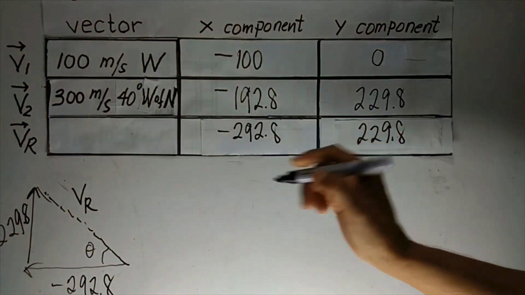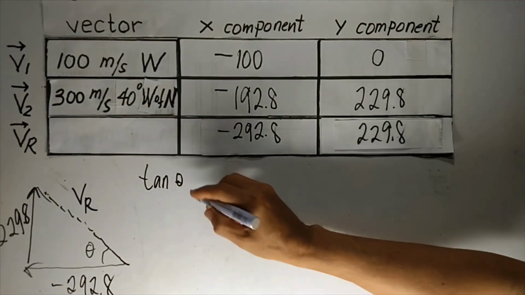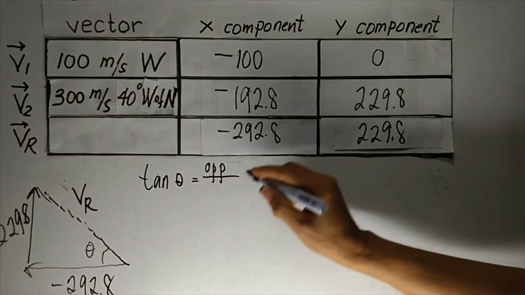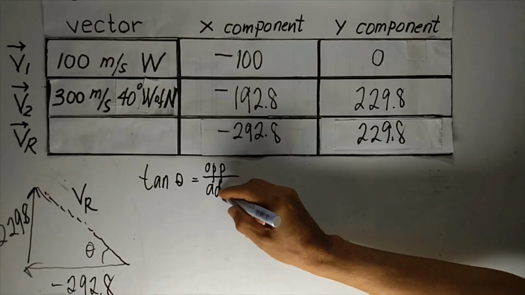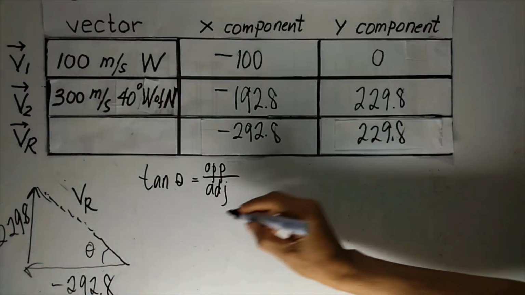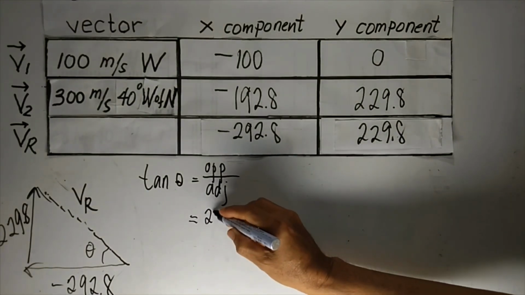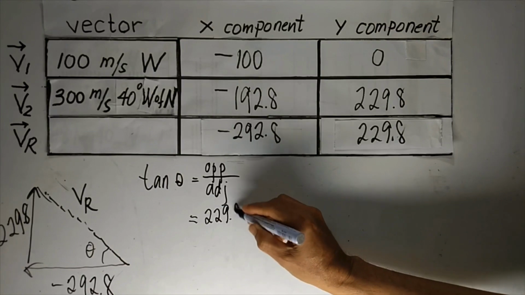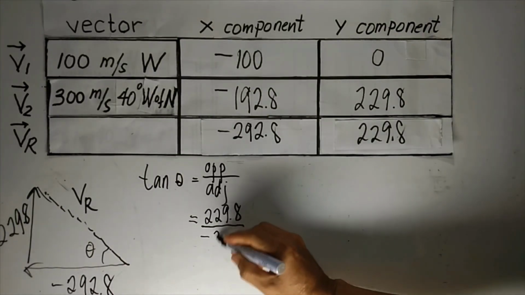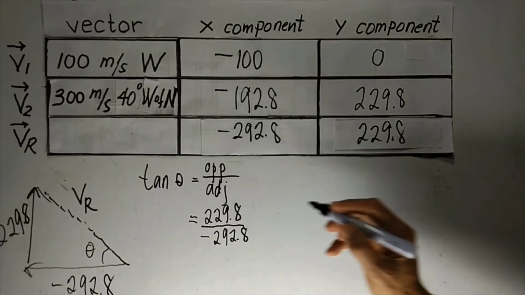So we'll be using tangent theta is equal to the opposite side divided by the adjacent side, wherein the opposite is 229.8 divided by negative 292.8.